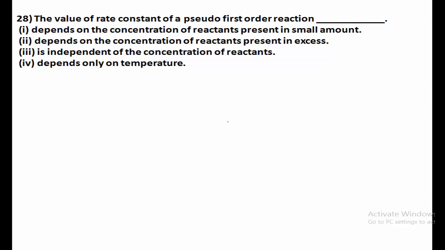Order of the reaction becomes 1. Higher order reaction is converted into first order reaction, and hence the rate constant of pseudo first order reaction mainly depends on the concentration of the reactant present in excess. So option 2 is the right one.